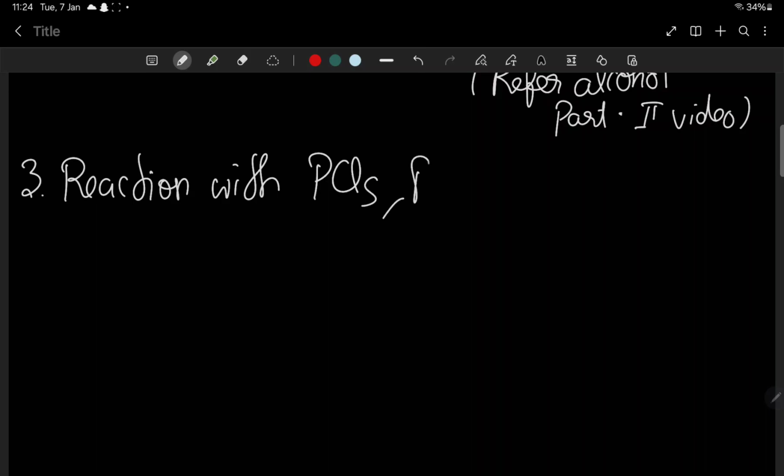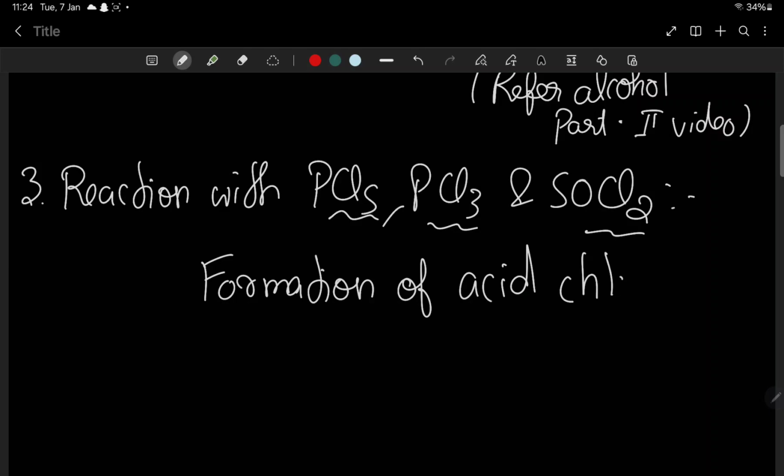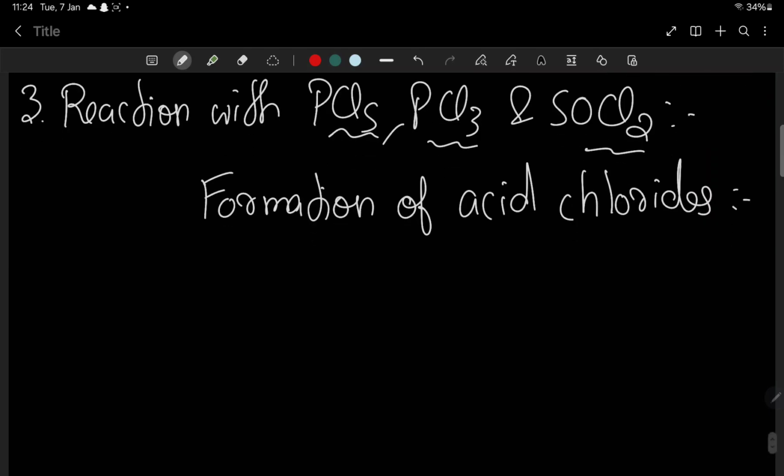Now the third one, reaction with PCl5, PCl3 and SOCl2. By seeing this itself, we can understand what this is: formation of acid chlorides. The reaction is the same as what we did in haloalkane halogenation.